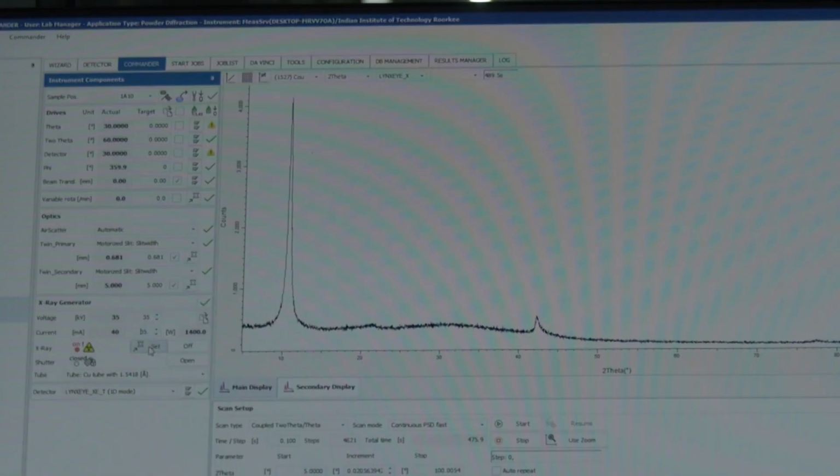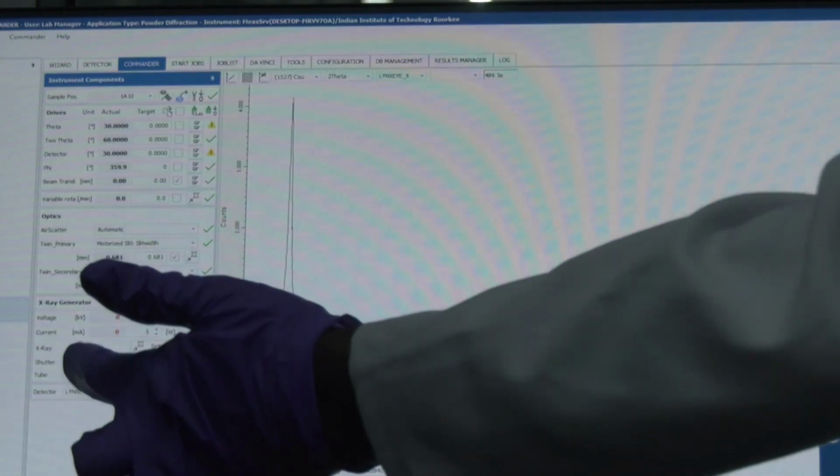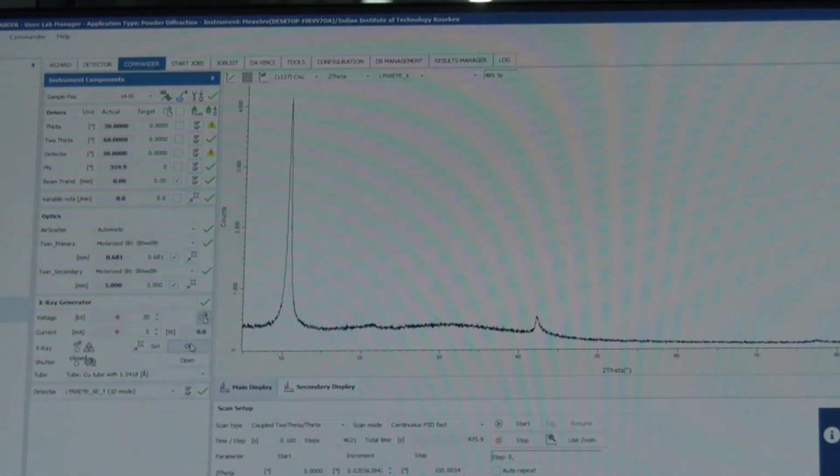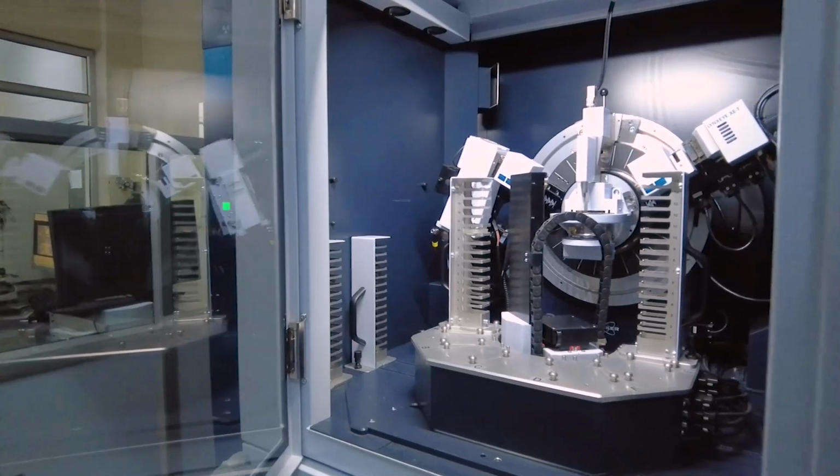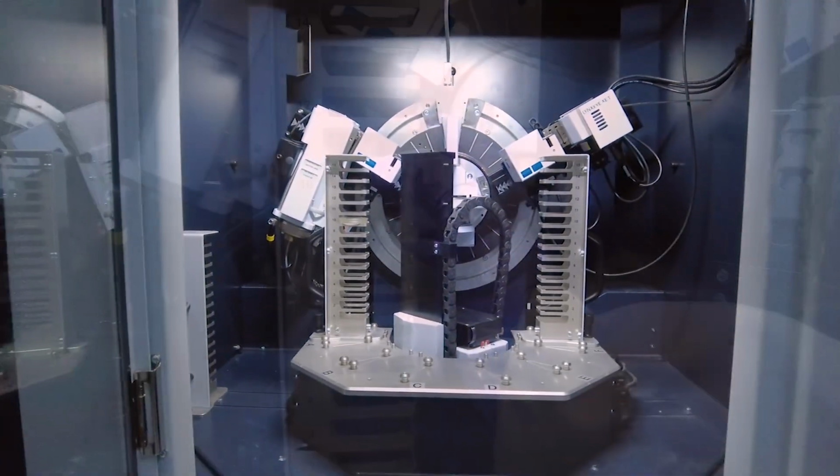After this, we have to decrease the voltage and current to their initial values. Now switch off the X-rays using the X-ray toggle button. Now we can safely open the door of the machine and take out the sample.